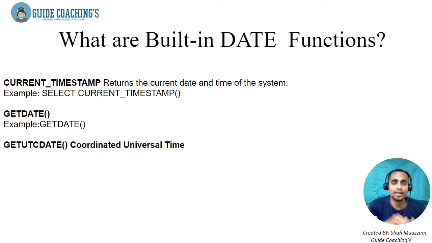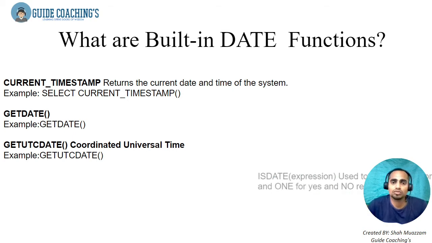We want data to be inserted at the current time of that particular system. But our system or server is distributed across geographical networks, so at that time we use the UTC date. The example is simple. We will write get UTC date and we will get the date in the UTC format.